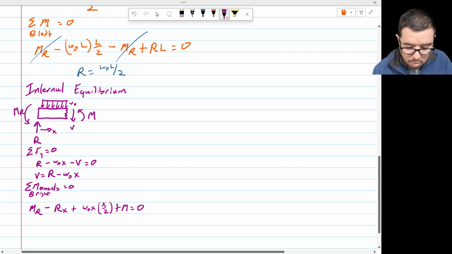And so if we want to solve for M internal, we can write out that we're going to have minus MR plus RX and minus W naught X squared over 2. Okay, that's done correctly.